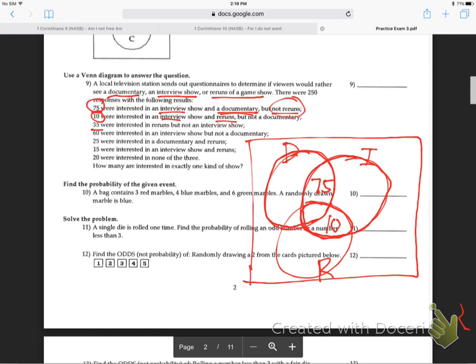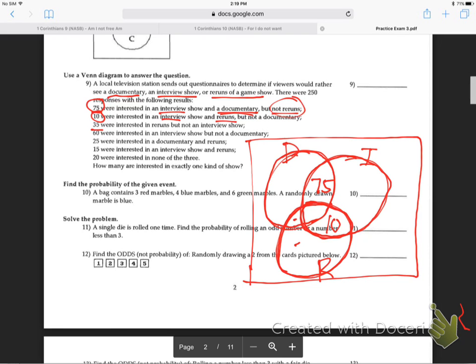35 are interested in reruns but not interview. Now that's 2 facts. That's going to be 2 regions. Maybe we can do it now that we have some other numbers. Let's see. 35 are in reruns but not interview. So they're somewhere in the rerun circle, but they're not in the interview circle. That means this or this. Those 2 are not in the interview, but they are in the rerun.